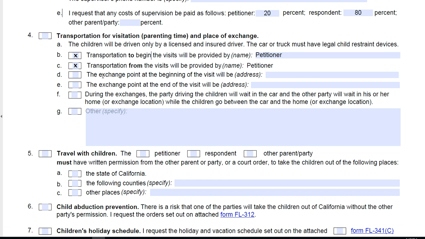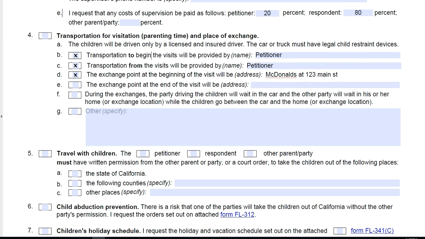Okay, the next thing is that if you need to have a set place where you are going to meet, you can. So for example, you could say McDonald's at 123 Main Street, for example.